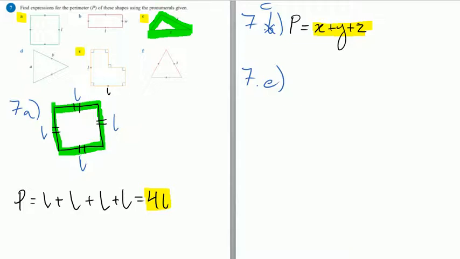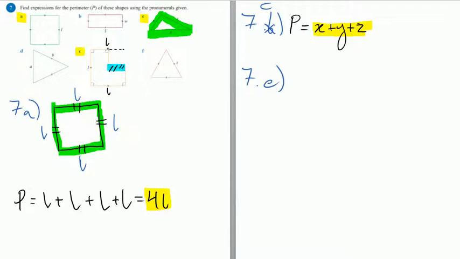What we can do is draw in a side over here that continues this side like this. Then that side and that side are the same. So we'll cross that out, and instead we'll use this whole side, L.